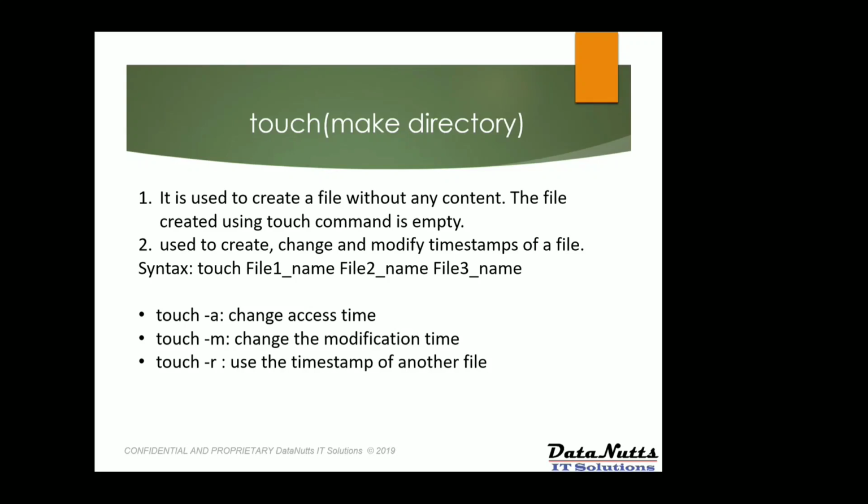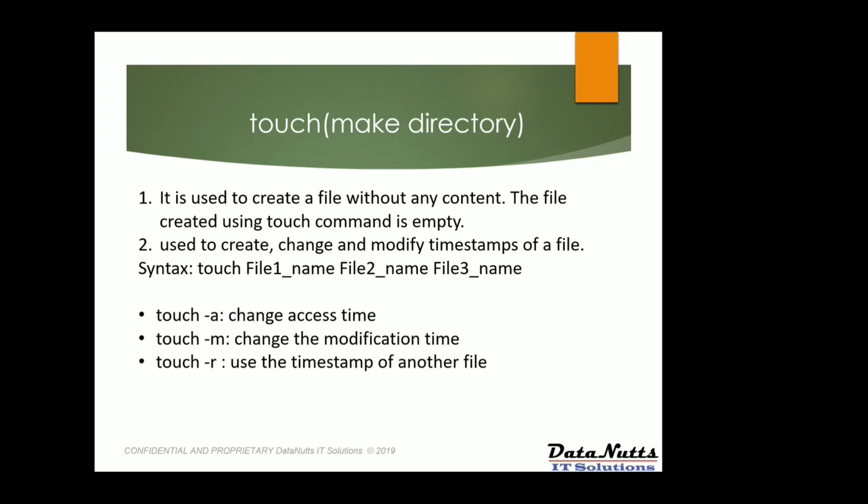Let's suppose I have 3 different files. I'll show you the practical of these 3 also. Let's suppose one file is abc.txt and another is cde.txt. This file was opened on 10 March and let's suppose this one was opened on 15 March.